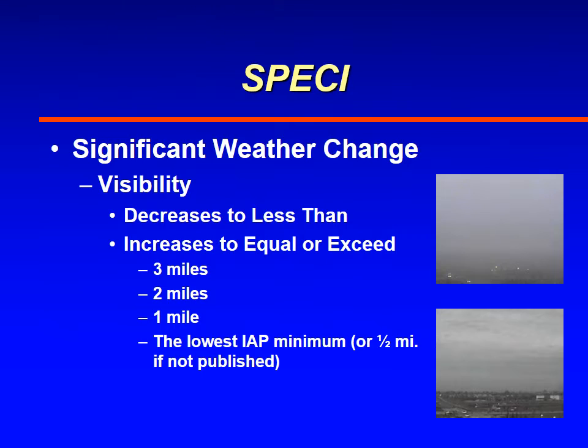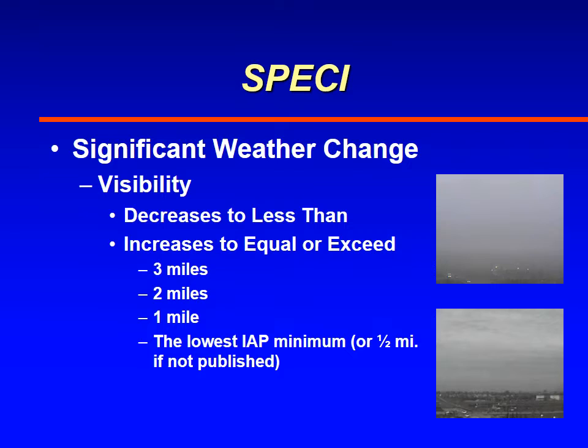So here's one of the criteria that you need to know, and that deals with visibility. When the visibility decreases to less than any of these values or increases to equal or exceed any of these values, then a special observation needs to be made. And the numbers are pretty easy to remember. If you can count, you can remember them. 3, 2, 1. And then the other one is the lowest instrument approach procedure minimums.